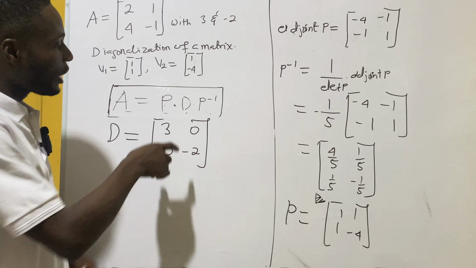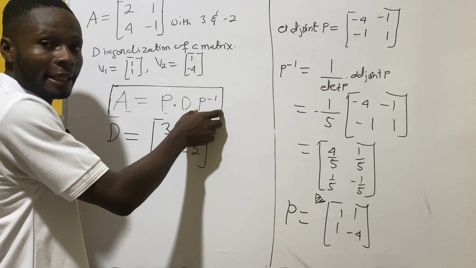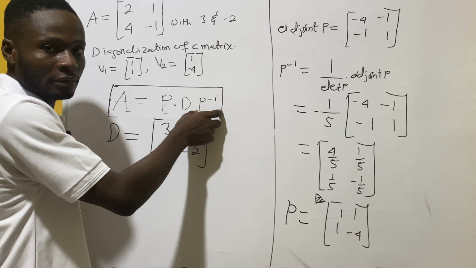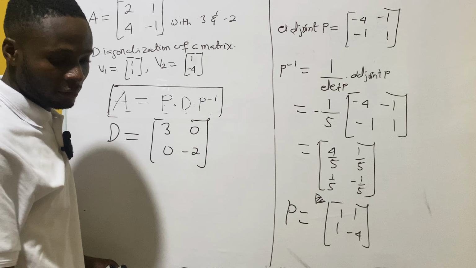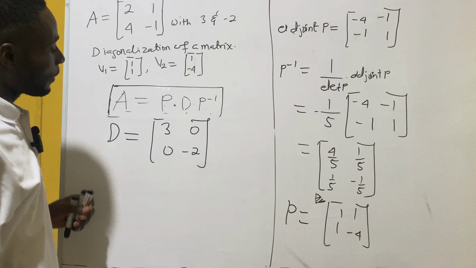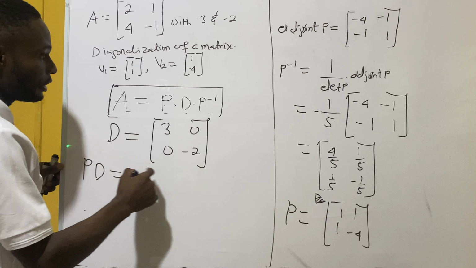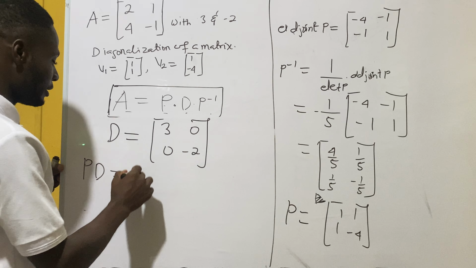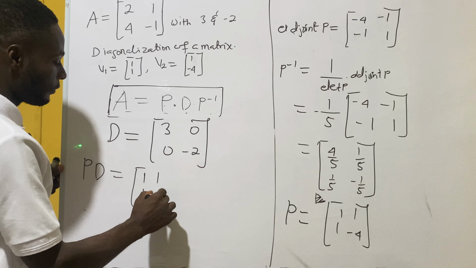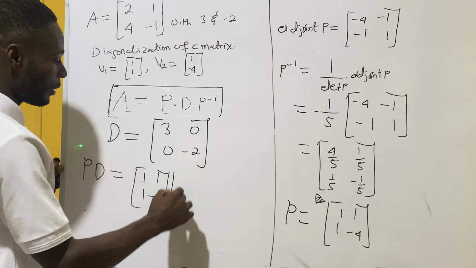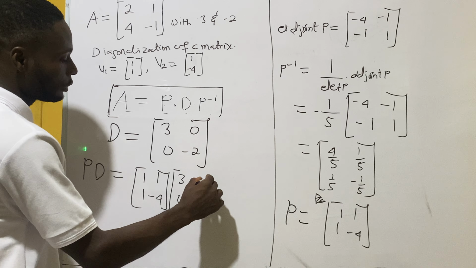So first, we have to find the PD. Then we multiply the result with the P inverse. Now our P is 1, 1, 1, 4, and our D is 3, 0, 0, -2, right?